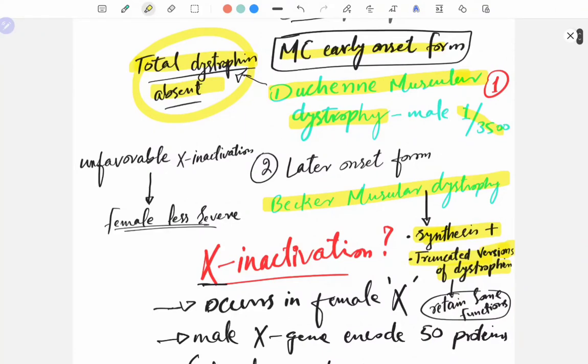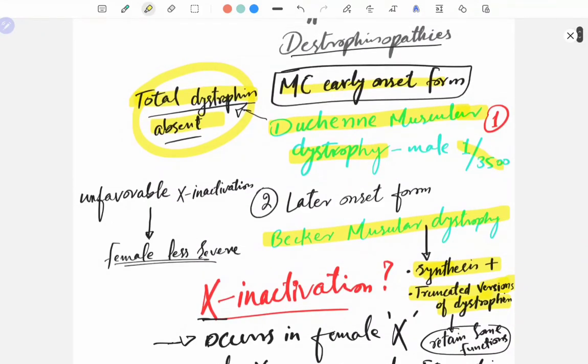The first is the early onset form, and then there is the later onset form that starts later in life, late in childhood, in adolescence, or in adulthood. This is Becker's muscular dystrophy. Synthesis of dystrophin is also present, but it is a truncated version of the dystrophin protein.